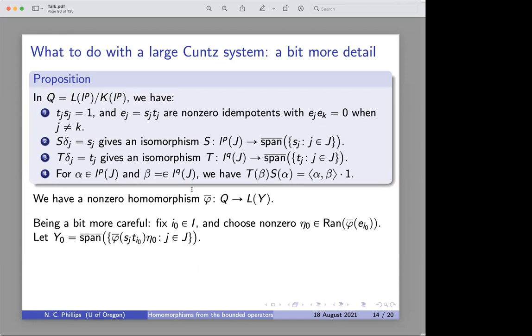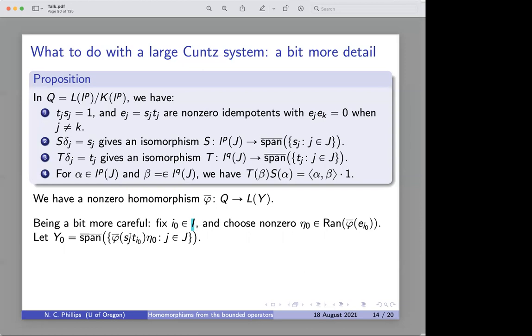I'm going to take the closed linear span of what happens when you go back with TI0, but then go out with SJ. Oh, that's a mistake. That index set is supposed to be J. At some point, I switched from using I to J, and I missed a few of them.